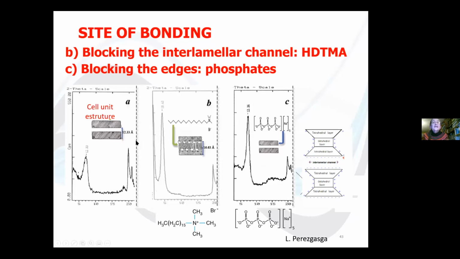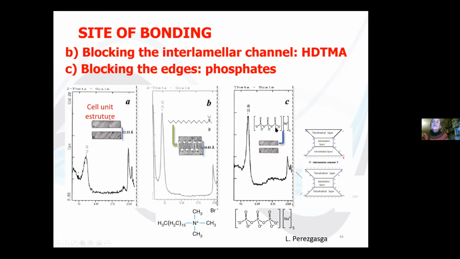When we treat the clay with this molecule, a quaternary ammonium salt with a long chain, all these compounds bind preferentially in the active sites of the clay, forming these structures. So the distance between unit cells increases, and we can see it by the angle. When we treat the clay with a polyphosphate, the polyphosphate has negative charges.